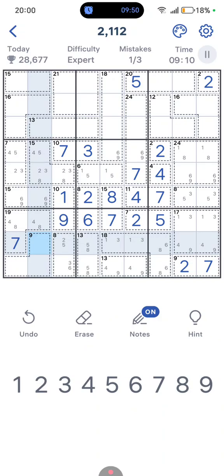Anyway, so 8, 2, 5, and 6. That's going to go in here. 2, 5, and 6. Now, if it's 6... Okay, so hang on. 1 has to go in here, because it can't go anywhere else.